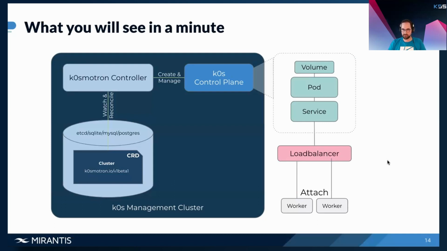The k0s management cluster is sitting inside of AWS. And we will create this cluster here, the CRD. k0smotron will see that, will create it, and will create all the necessary workloads in that management cluster. And we will attach those to worker nodes.